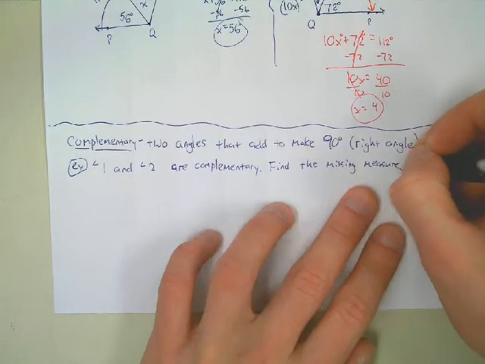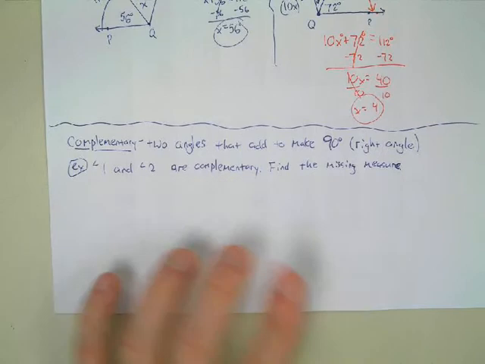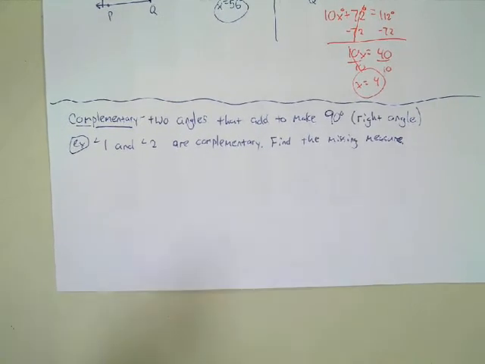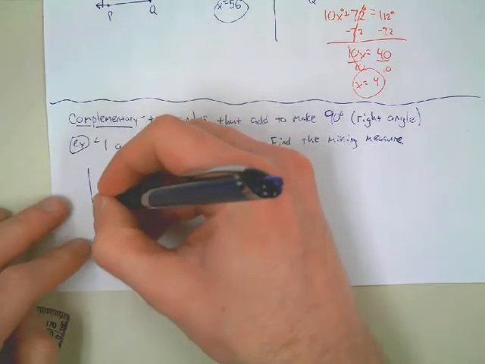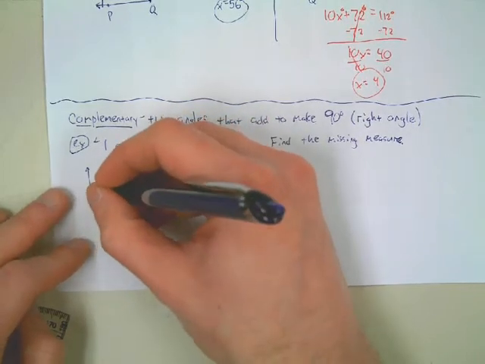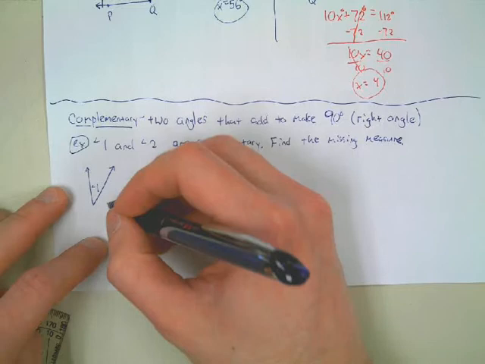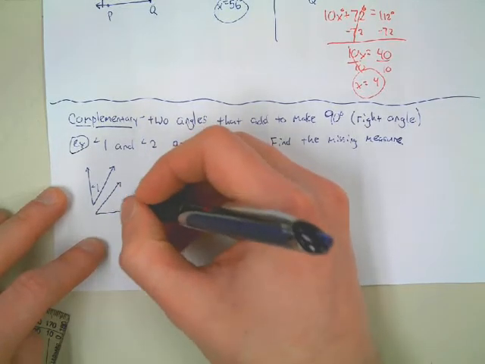Angle 1 and angle 2 are complementary, so we're told that means they add up to 90 degrees. We want to find a missing measure, so there's going to be something missing here in the picture. So let's go ahead, I'll just draw some here. I'll draw one angle there, I'll call this angle 1. And I'll call this angle 2.